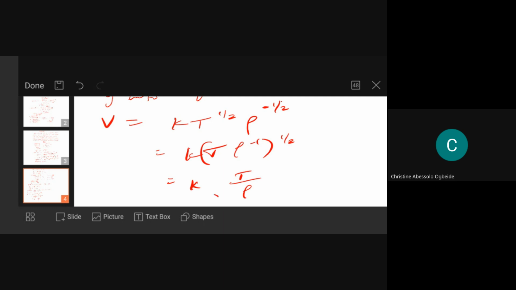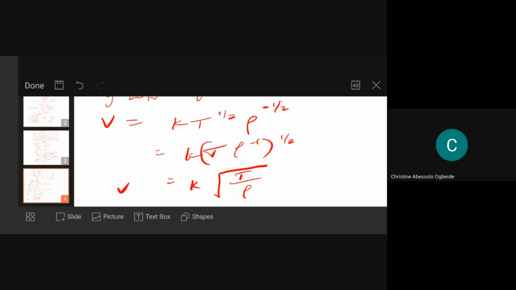I can call that my square root, because anything raised to power half means the square root of that thing. So indices gave me that other than writing t rho raised to minus 1, I can write it as t all over rho. And since I have everything raised to power half, I can then change the power half to square root. So k is not affected by the half. That's why you see that the k is outside the square root.